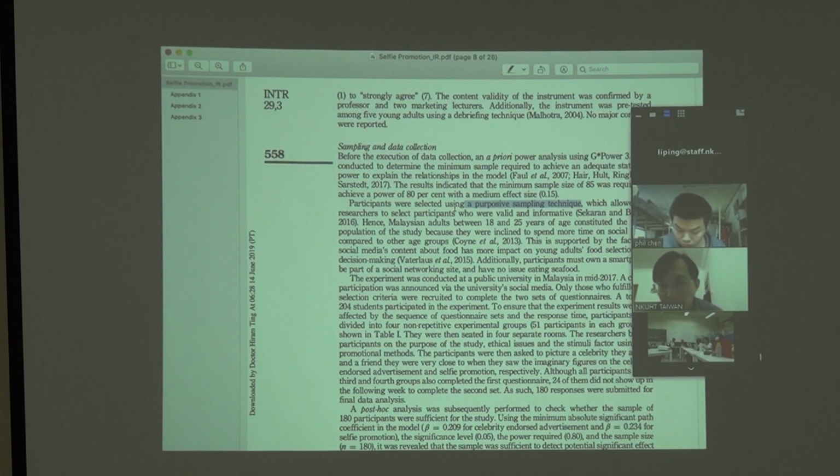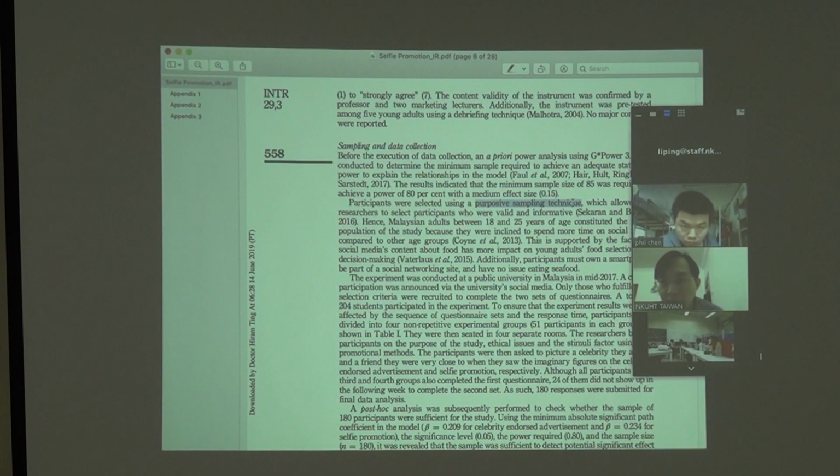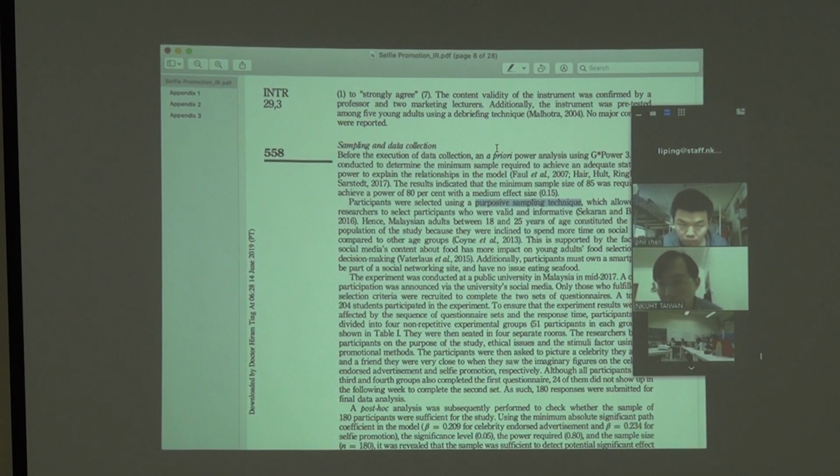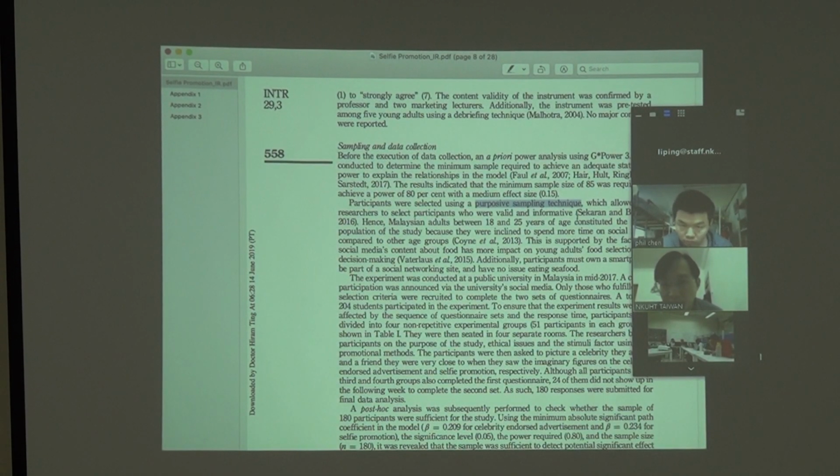That is why I told you yesterday, it is a myth, it is a deviant teaching, when you say non-probability sampling is not up to the right standard. This journal is considered a good journal in IS, Information Systems.